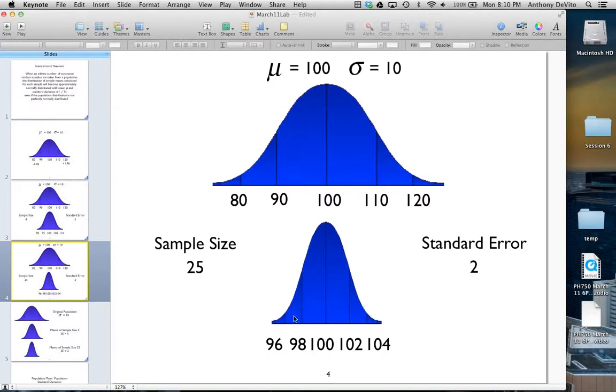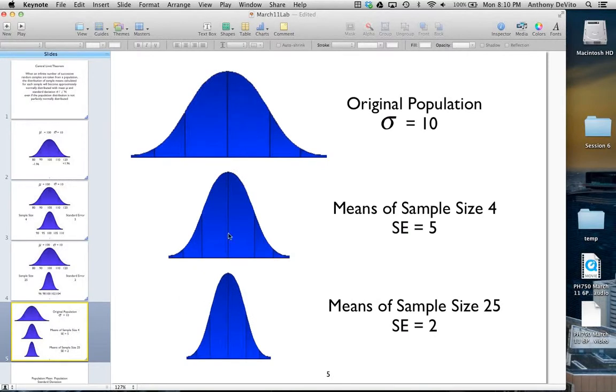So 95% of those sample means of size 25 we would expect to be within two standard deviations, which is 2, or within 4, between 96 and 104 if we were sampling from this population. 95% of the time, that's where we would expect our samples. And you can see that as we increase the sample size, the standard error gets smaller, and our distribution of sample means gets narrower and narrower.